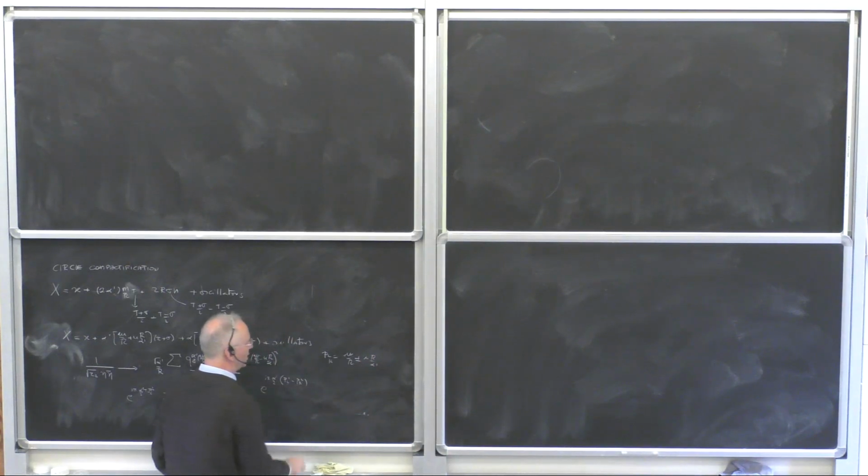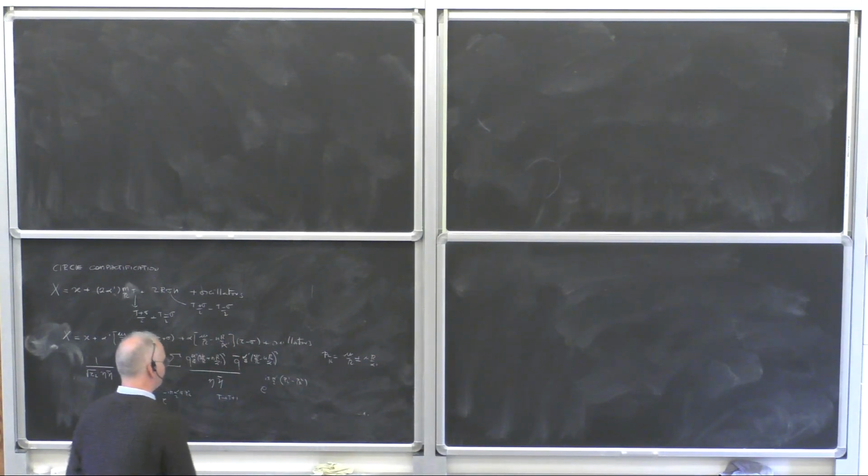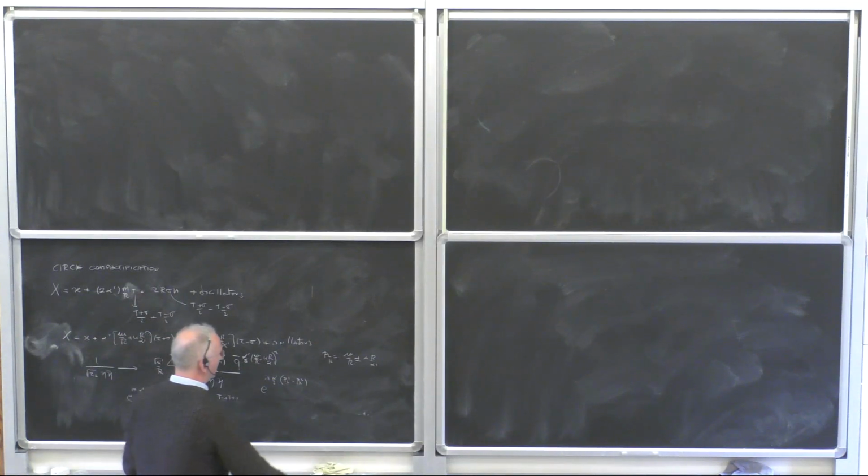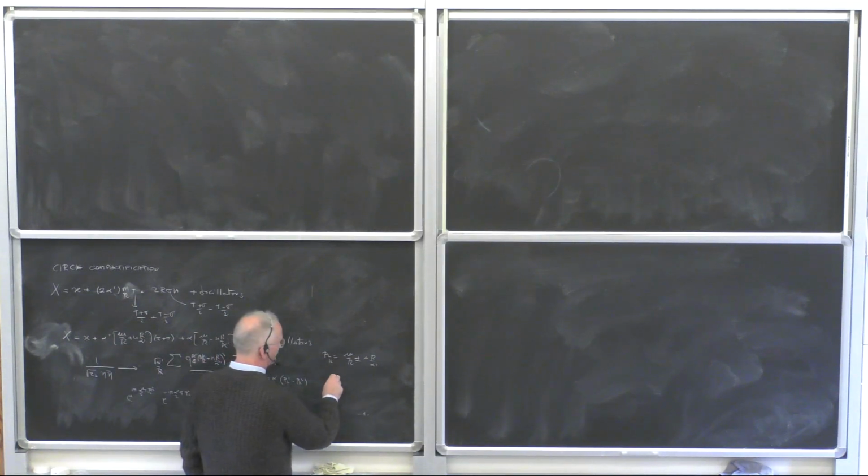So if you take the double product of these guys, then you see that PL squared minus PR squared is essentially 4mn.